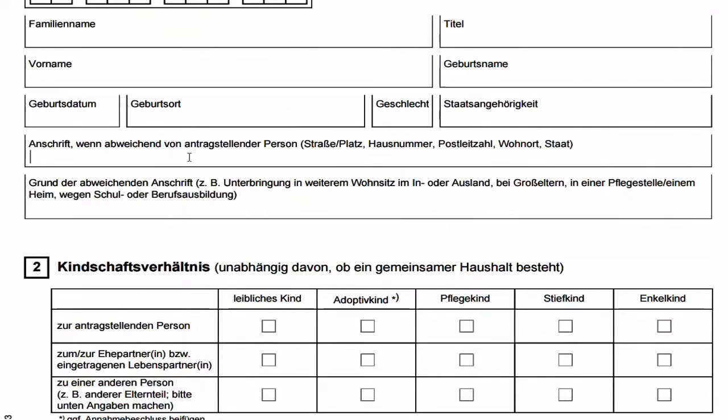If it is different from the address of the applicant, you write the name of the street and place, the house number, the postal code, the name of the city, and the name of the country where the child lives. And here you write the reason why the address of the child is different from the address of the applicant.